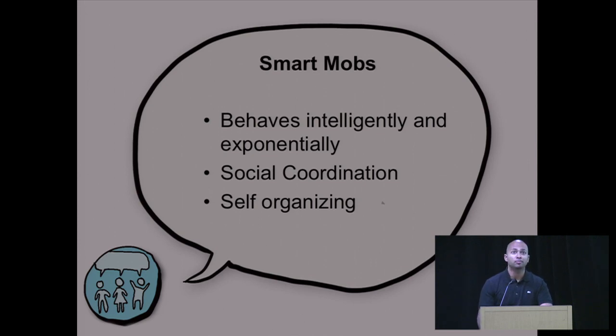These smart mobs are basically the collective. They behave in an intelligent way, and they can increase exponentially, like the way we looked in the video earlier with one cell phone replicating and its messaging going through different places.